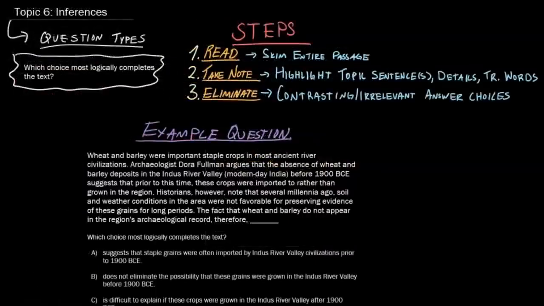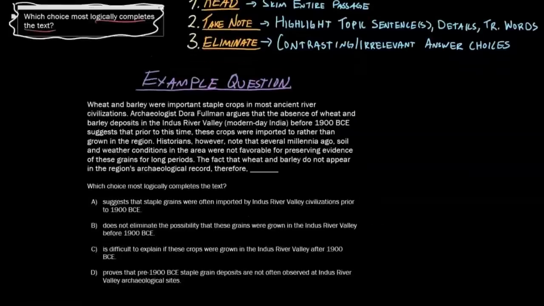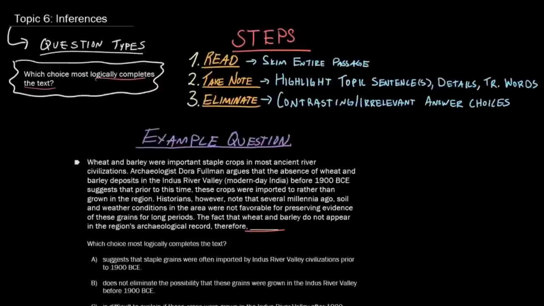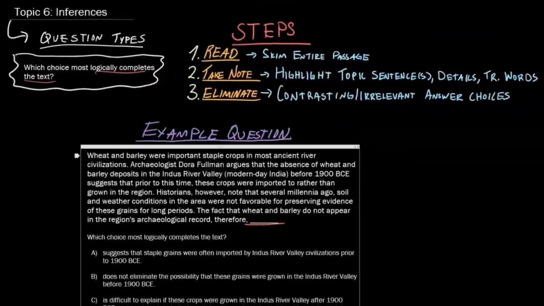All right, and now we are on topic 6, inferences. The main question that the SAT will ask you for an inferences question is which choice most logically completes the text. Basically, which answer is the best answer that makes sense that you can put in a blank like this one. And there's a 3-step strategy that's extremely easy that you can follow. The first thing is you want to skim all of the passage.